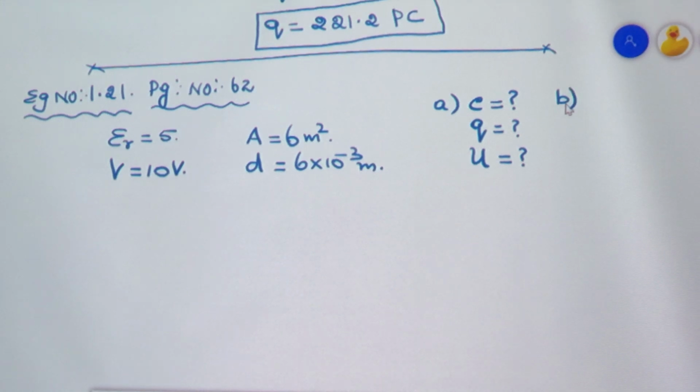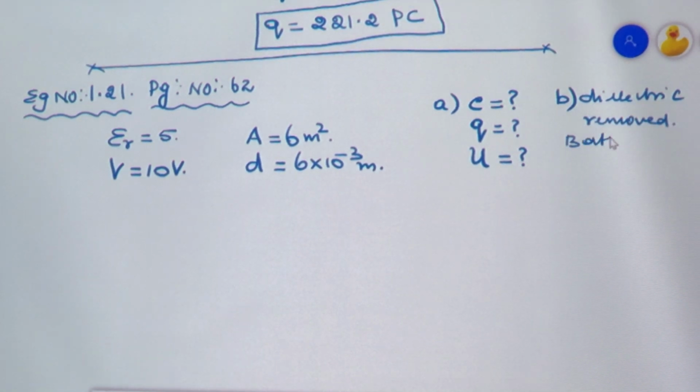Option B. What is the next option they have asked? After the capacitor is fully charged, the battery is disconnected and the dielectric is removed.